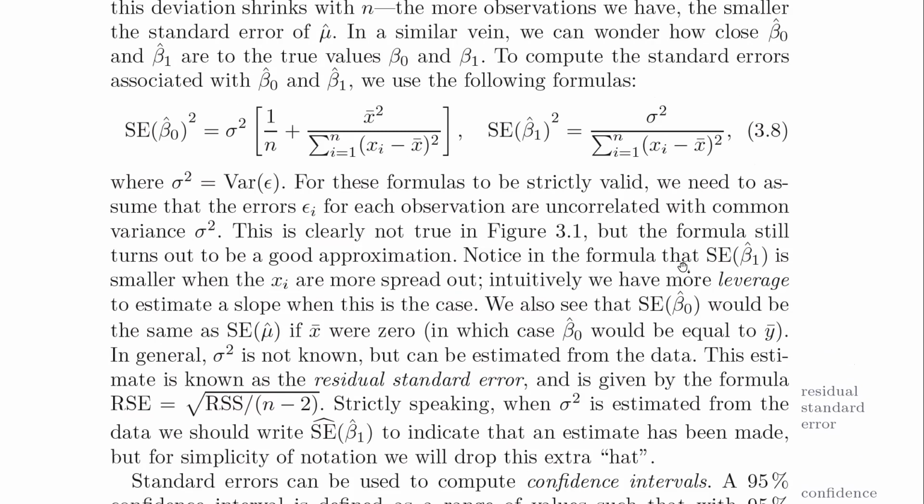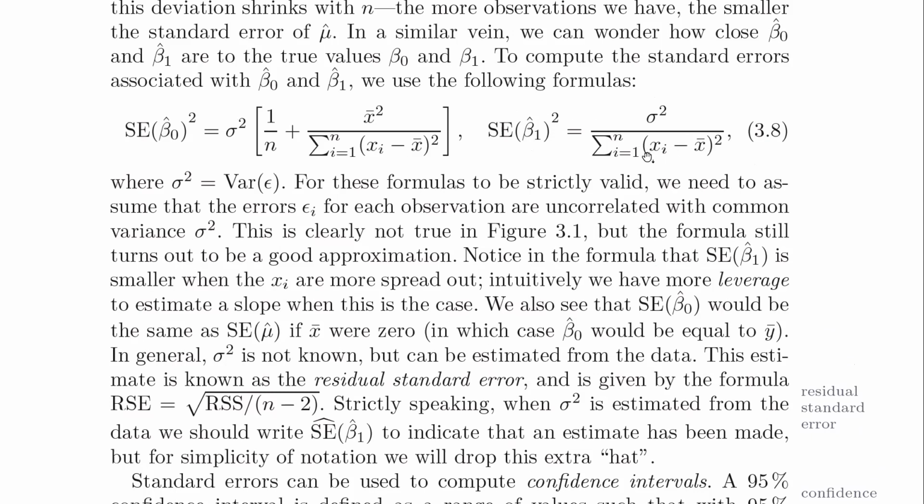Notice in the formula that the standard error of the slope, beta hat 1, which is the slope of the line that you're fitting, is smaller when the xi are more spread out, right?